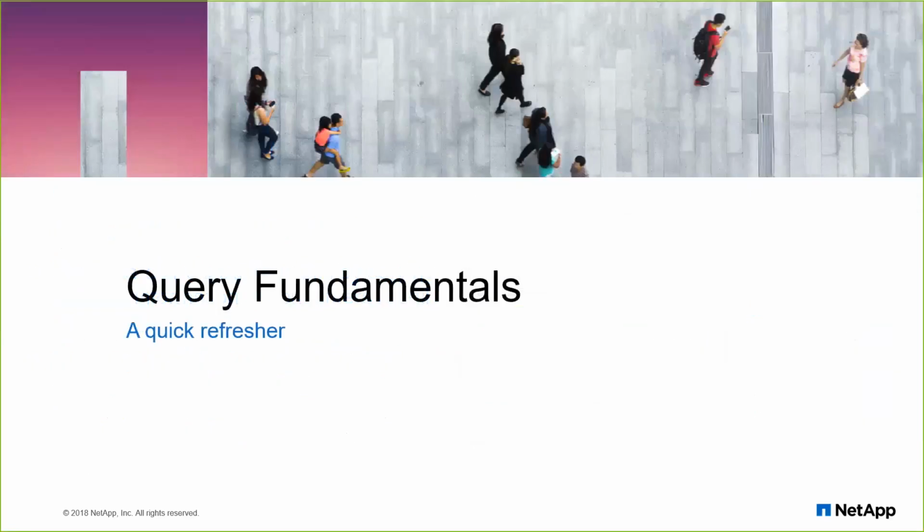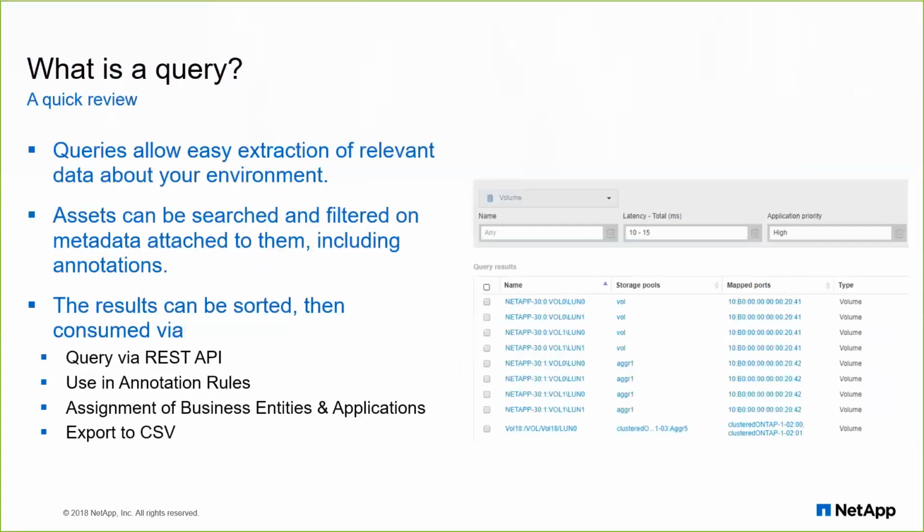So moving into the fundamentals of a query, let's walk through this here. The whole point is that you can easily extract the data you need about a particular set of objects. Rather than having to go to vol 0, find out info about it, then vol 1, and so on, you can build a query about a set of things based on a particular naming convention or annotation.